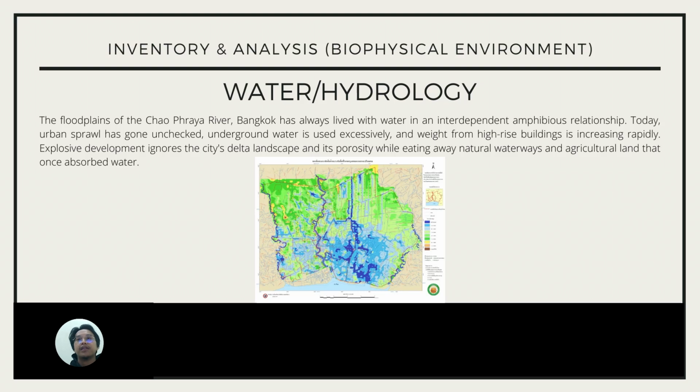Explosive development ignores the city's delta landscape and its porosity while eating away natural waterways and agricultural land that once absorbed water. So we're moving on to the human community, which will be explained by Dai about history and visual.